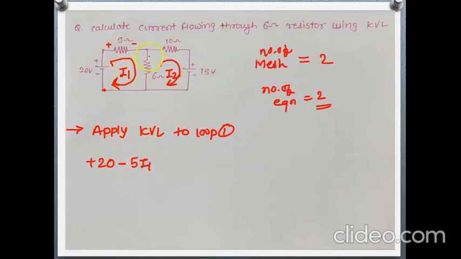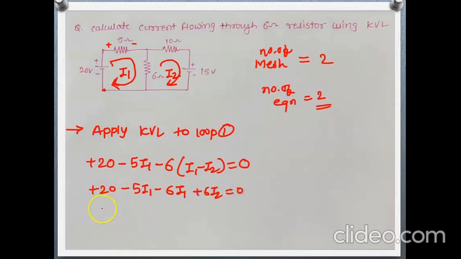Now this is 6 ohm, and we are applying KVL to loop 1, so we assume I1 is greater than I2, so I1 minus I2. So plus 20, minus 5I1, minus 6I1 plus 6I2 equals 0.